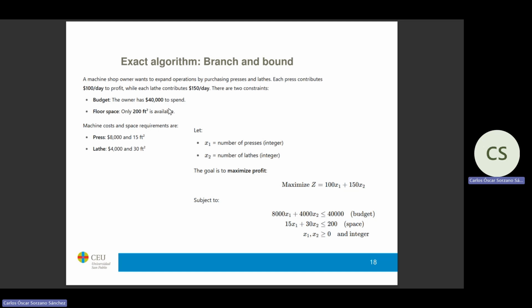So let's say that you are the owner of a machine shop, and in this machine shop, you want to purchase two kinds of machines, presses and lathes. Lathes are tornos, presses are presas.